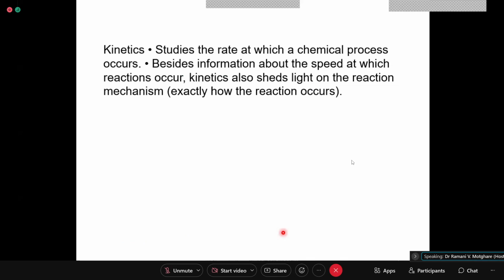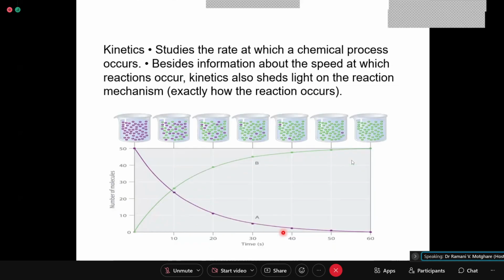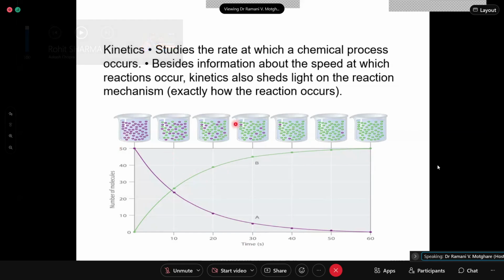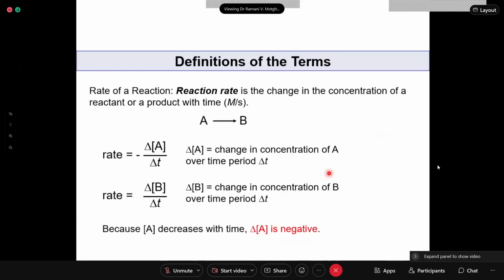So kinetics studies the rate at which the chemical process occurs, besides giving information about the speed at which the reaction occurs. So here you have reactants. The reactant concentration goes on decreasing and the number of molecules of product formed with time goes on increasing. That is what is shown in this particular figure.